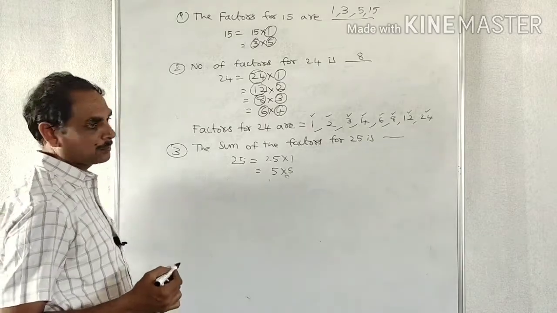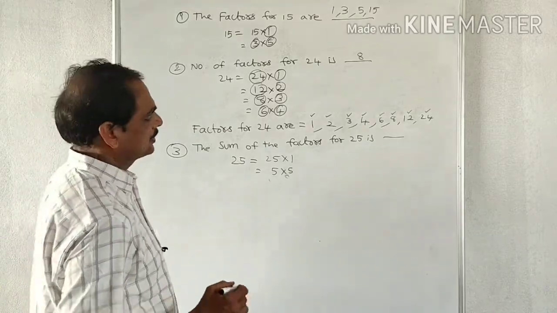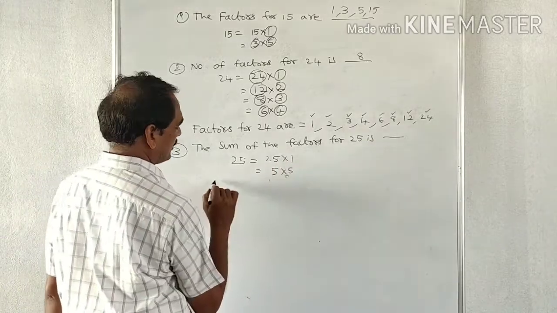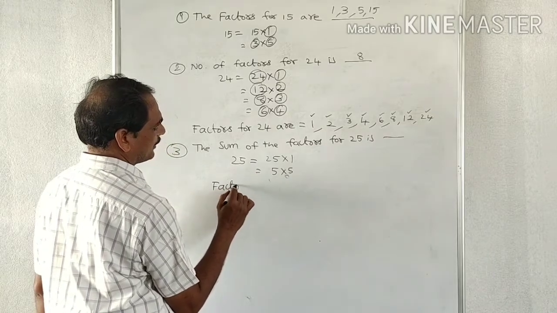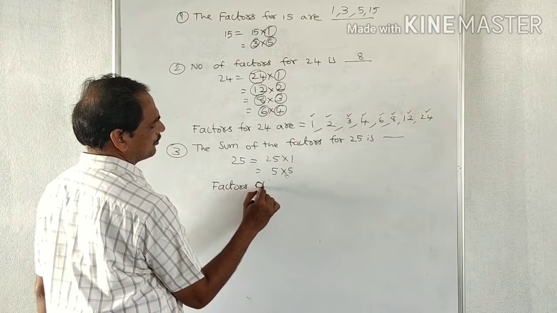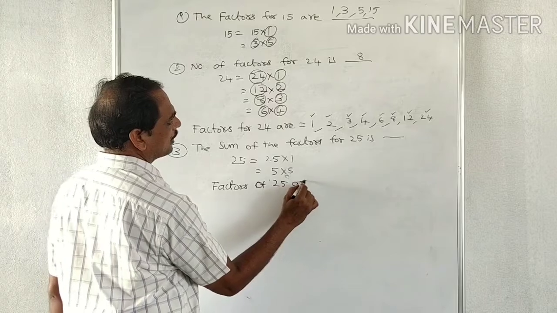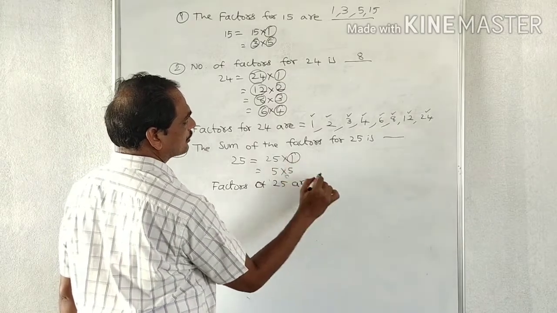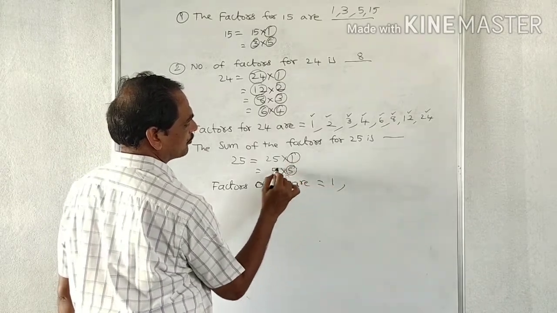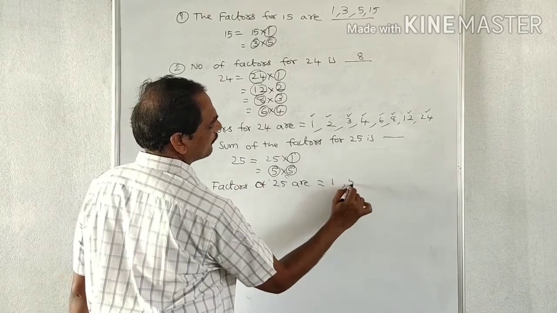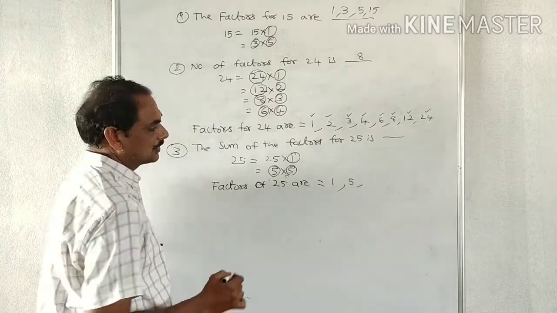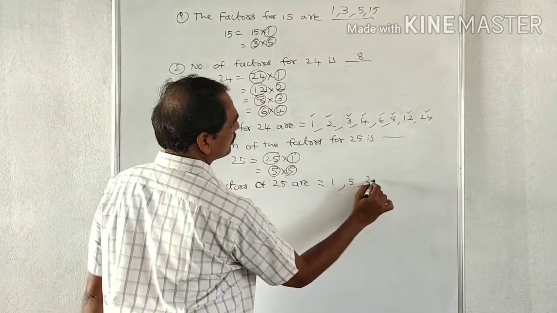There is no other multiplicative fact for 25. So the factors of 25 are 1, 5, and 25. 5 appears two times, but we cannot write 5 two times, only one time. And the remaining is 25.